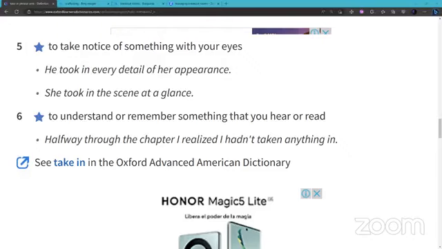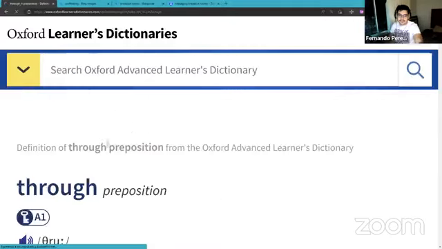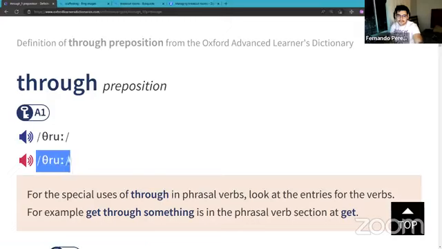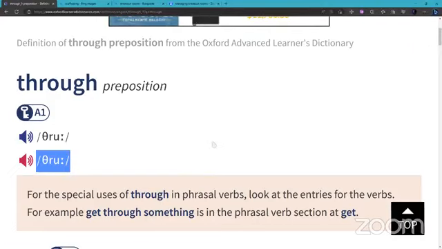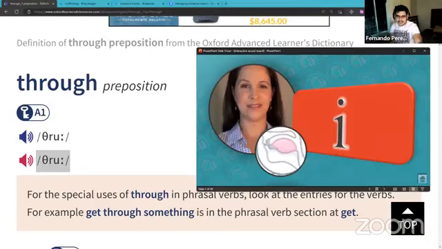Teacher, this word. What's the meaning of through here? Great question. Pronunciation. Let's check the symbols.